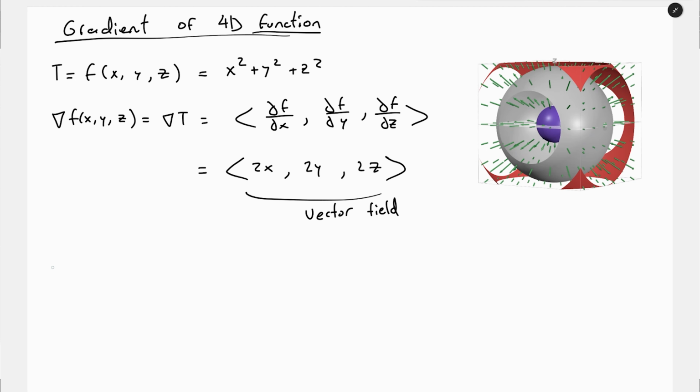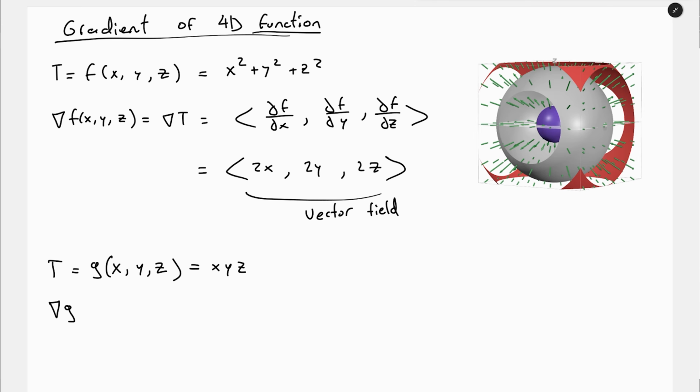And now let's quickly look at our other function. This one was t equals g. Our function could be any letter you want, except maybe x, y, z. Let's not reuse our variables.